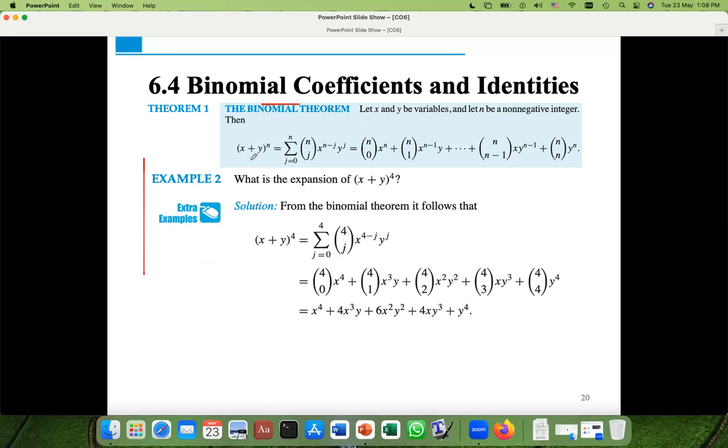That is also okay. In this series, you have two variables, x and y. And there is n, you can call it also some positive integer.